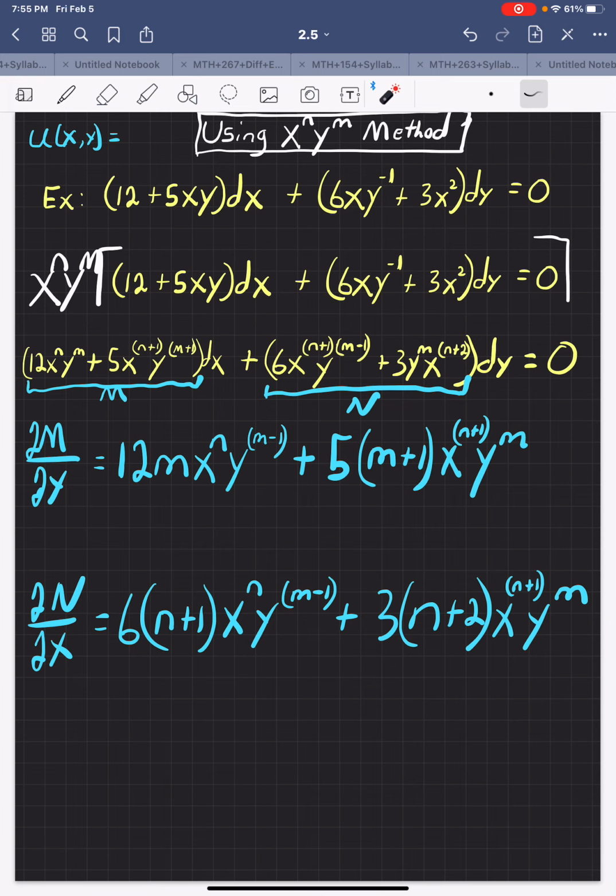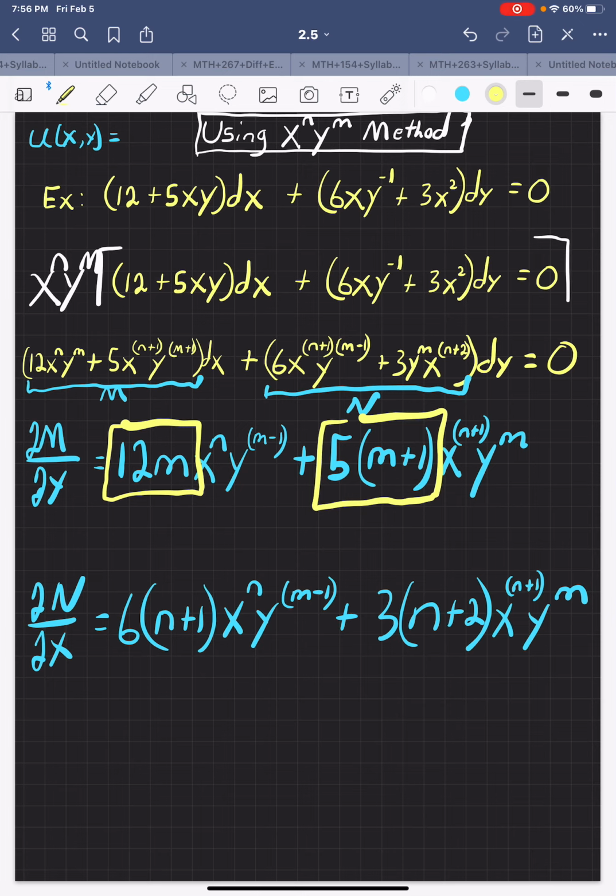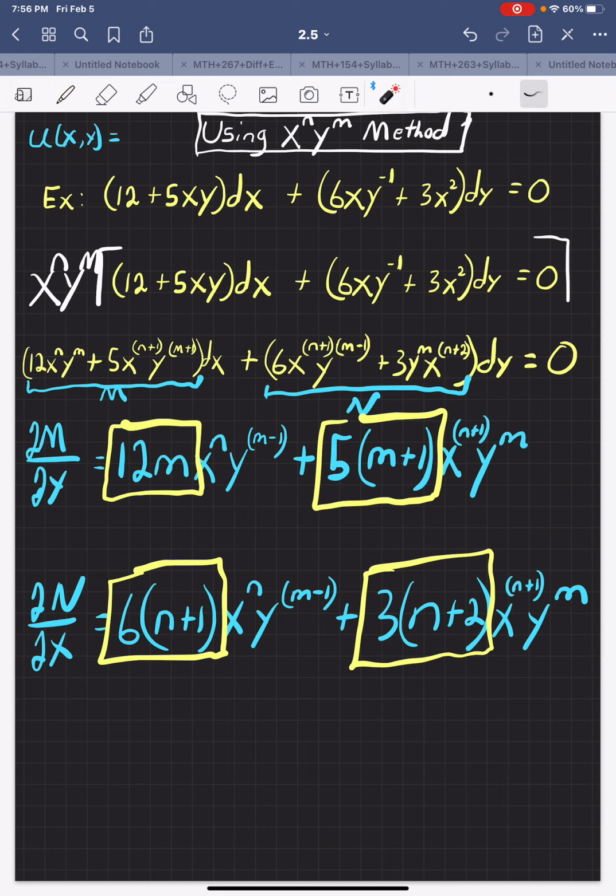So where are we going to go from here? The whole point of this method is that we only care about the coefficients. So let me box in the parts that we care about. Ready? Almost there.